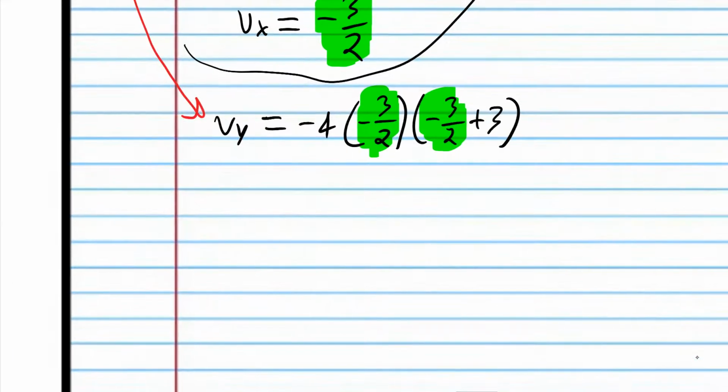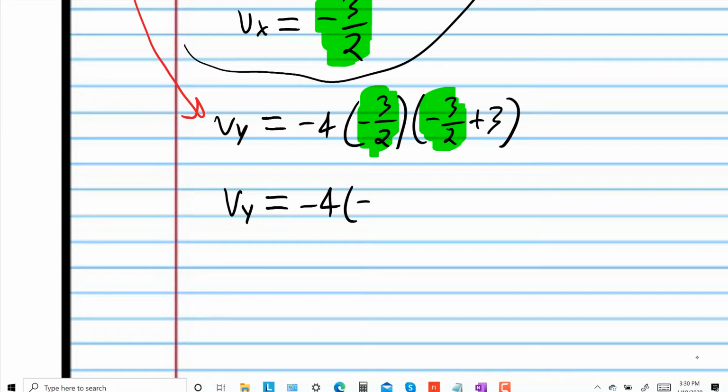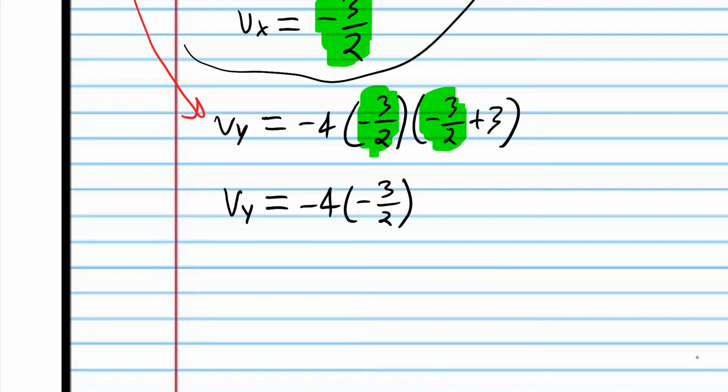Okay, so the y value of the vertex is negative 4 times negative 3/2. You can do multiple steps at once. So now we have to add these together. Now 3 is the same thing as 6 over 2. Again, if you're rusty on that, just go back to my arithmetic course. So 6 over 2 plus negative 3 over 2 is 3 over 2.